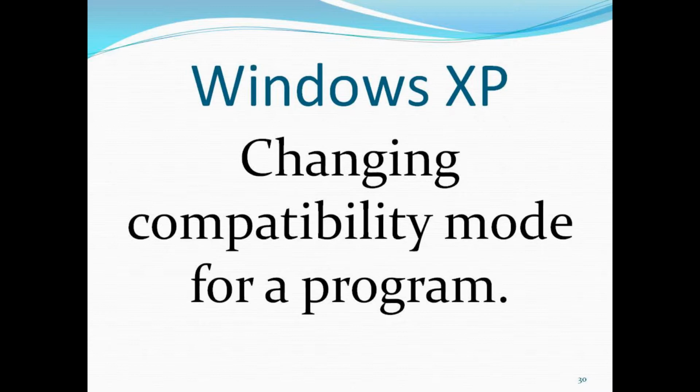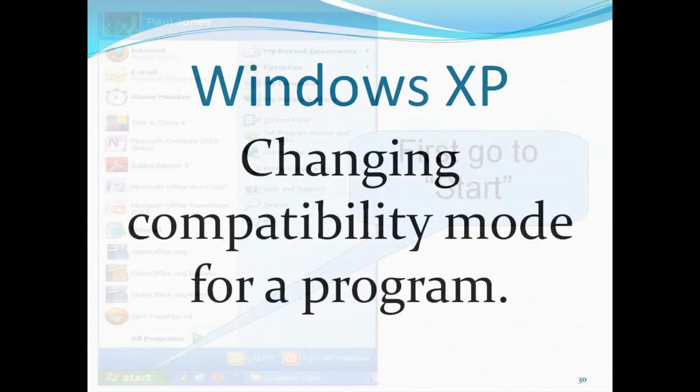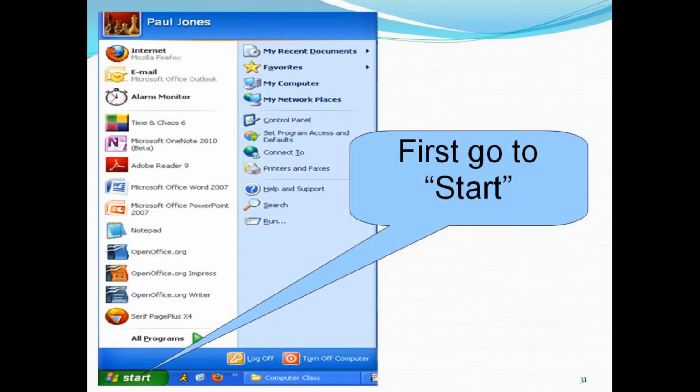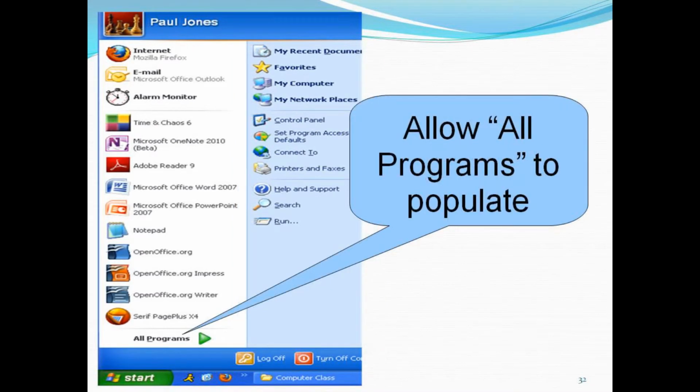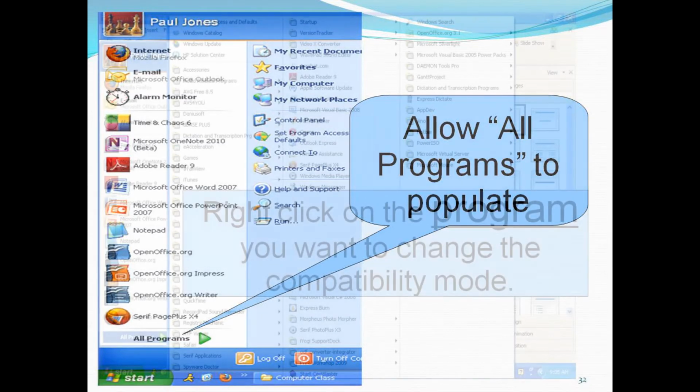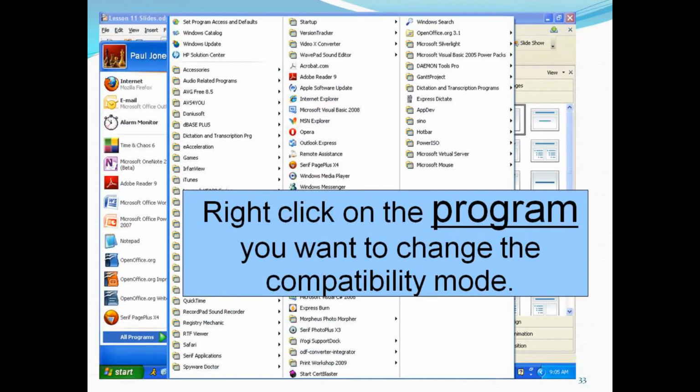Now I have taken you through the wizard of how to change the compatibility of a program. However, there is more than one way to do things, and that is to go to the Start menu and allow the mouse to sit over top of all programs on that list and allow it to populate.